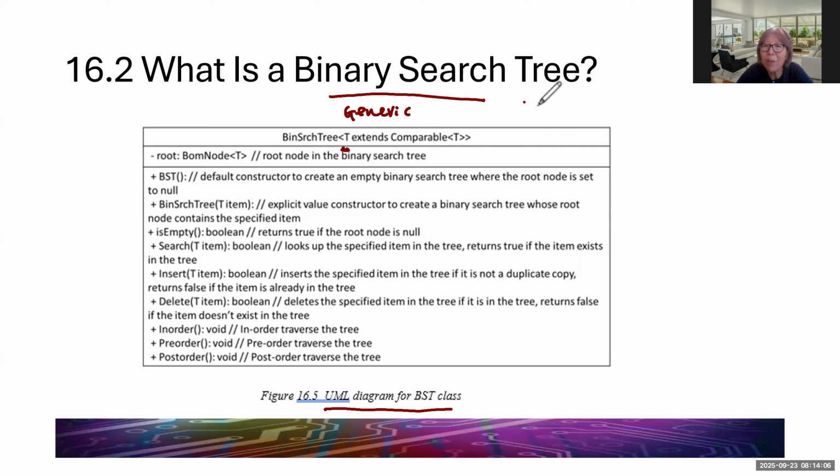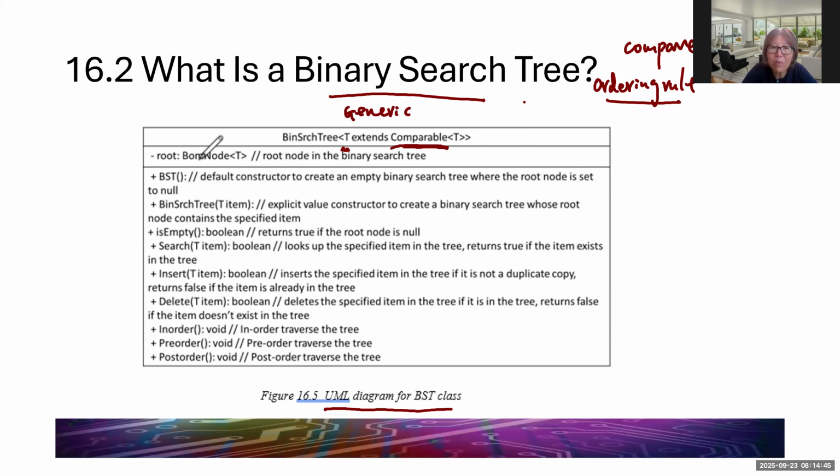But because the binary search tree needs to have that special ordering rule, and when you implement that ordering rule you need to compare, with generic comparison you must use either a comparable interface or a comparator interface. So here, any generic class for the binary search tree must implement a comparable interface.